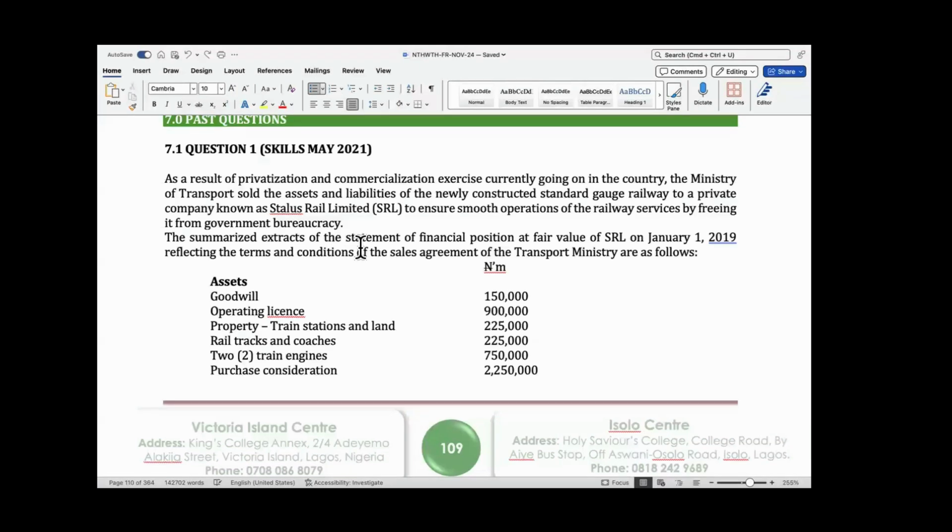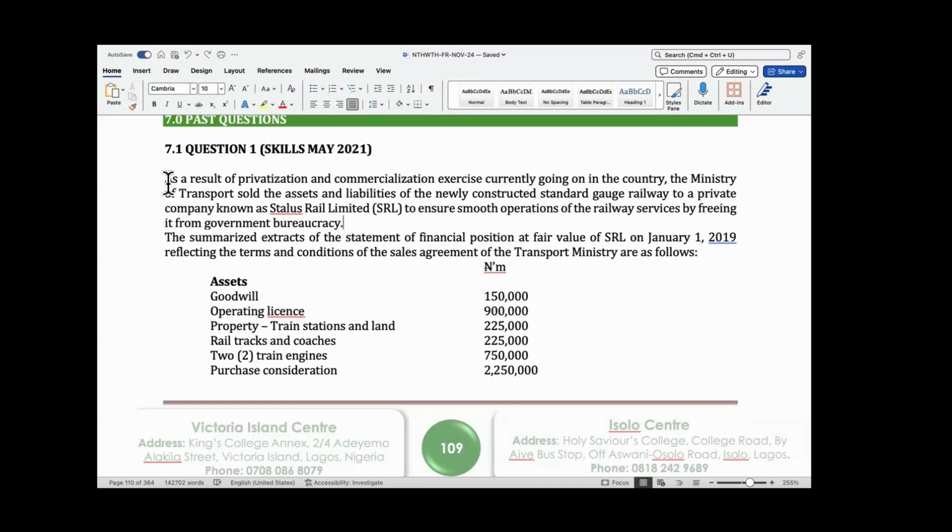This question states that as a result of privatization and commercialization exercise currently going on in the country, the Ministry of Transport sold the assets and liabilities of the newly constructed standard gauge railway to a private company known as Starlus Rail Limited to ensure smooth operations of the railway services by freeing it from government bureaucracy.